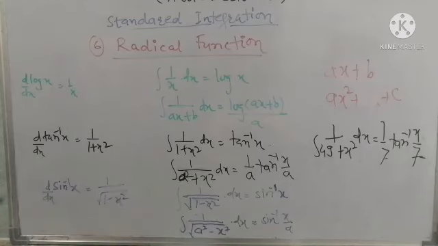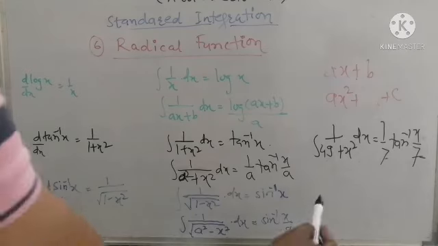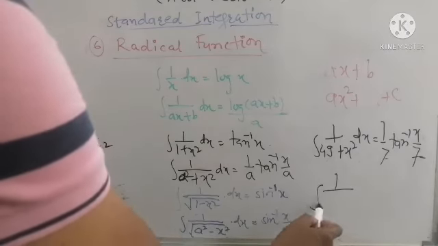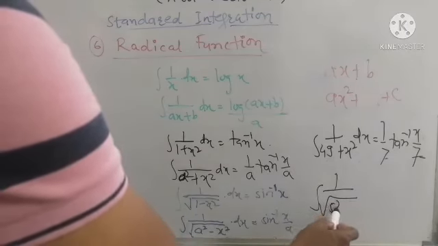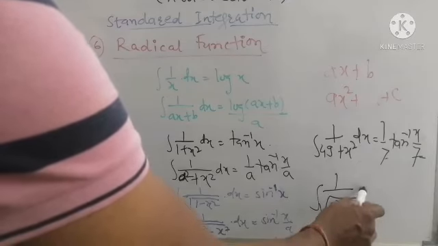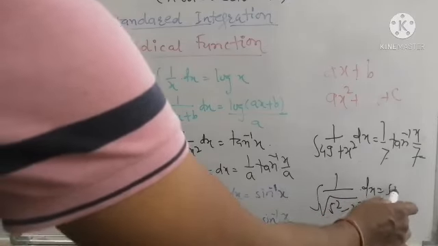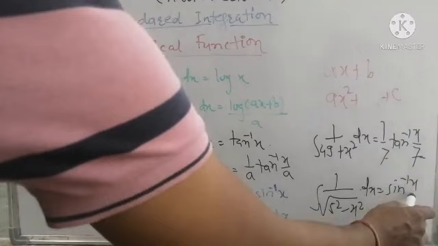Similarly, if this 1 is replaced by a square, then the form will become 1 upon root of a square minus x square, and its integration is sin inverse x upon a. For example, 1 upon root of 5 square minus x square, the integration will be sin inverse of x upon 5.